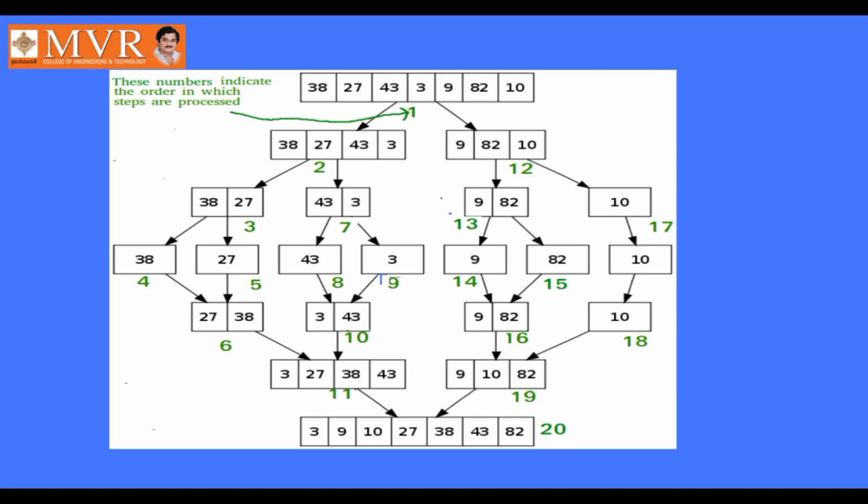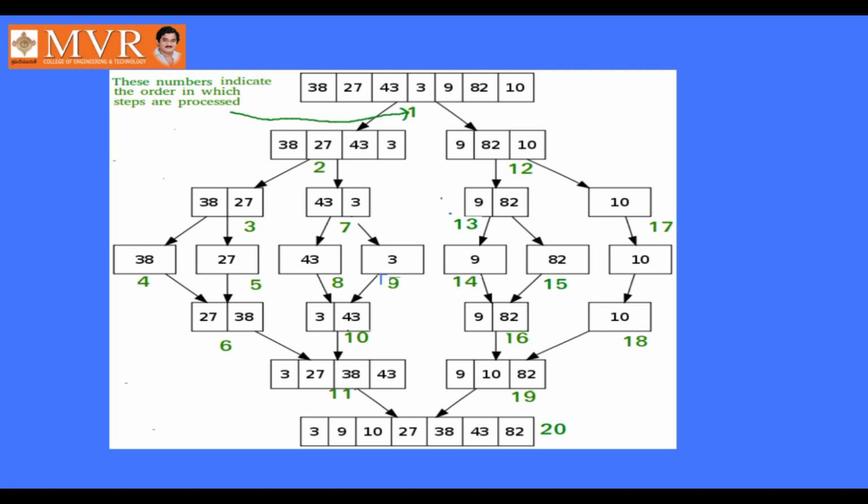I perform the same procedure on my right side also, that is the elements on the right side 9, 82, 10 and so on, and bring them into single units, that is in my 14th step as you see 9, 82 and 10. After that, since 9 and 82 are in order, I have kept it like that only, and in the 19th step you can see 9, 82, 10 are arranged in ascending order and combined.